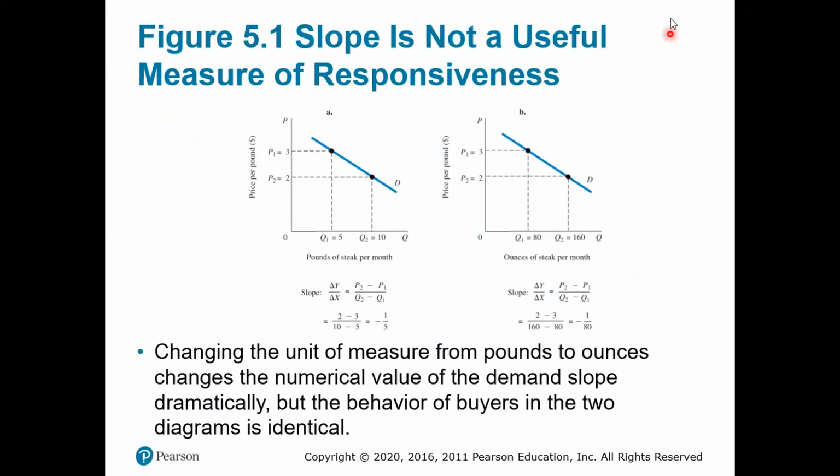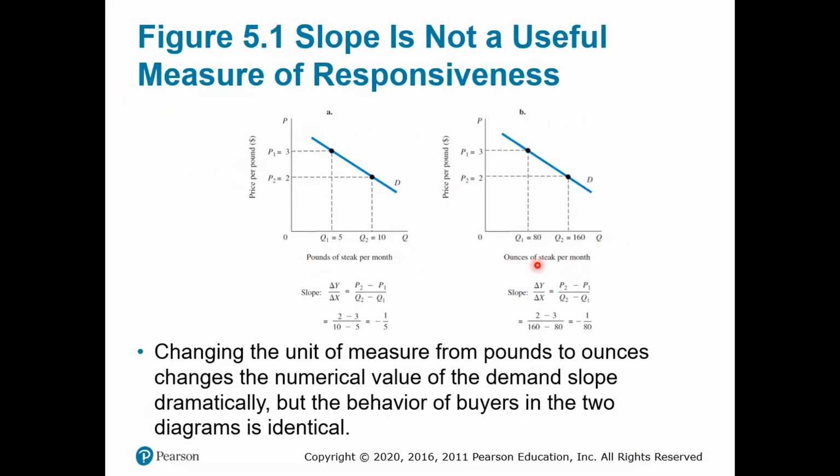But first I want to show you why slope doesn't work. Because slope is the old metric that we had, the slope of the demand curve, for responsiveness. So here are two graphs. Pardon me yawn, guys, I am sorry. Here we have two graphs. They're both price per pound of steak. Here's pounds of steak. Only this one in B here, this is measured in ounces of steak.